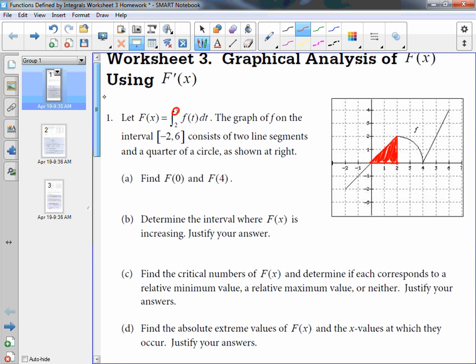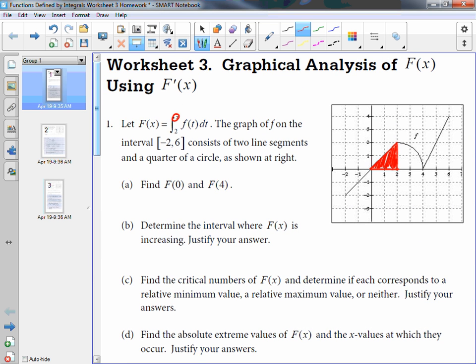So let's go back and look at the figure again. Let me get rid of the red. We put a 4 there. So it's the integral from 2 to 4. So it's this. So what shape is this? It's a quarter of a circle. It's a fourth of a circle. What's the radius of this circle? 2.